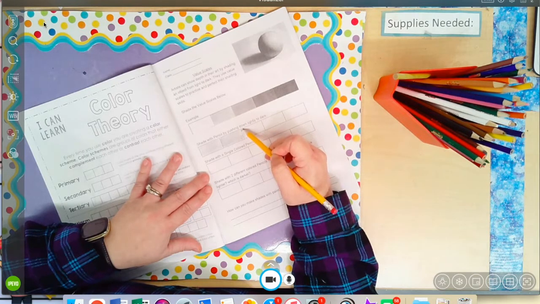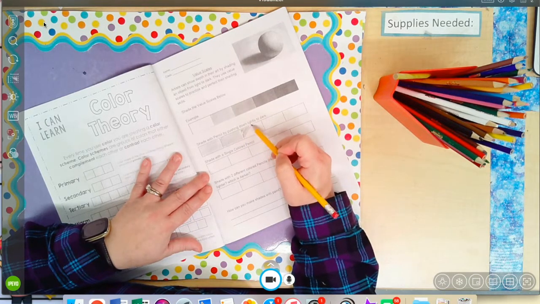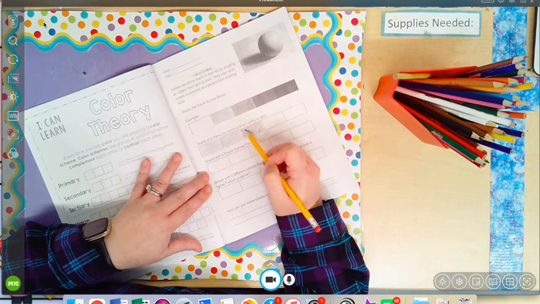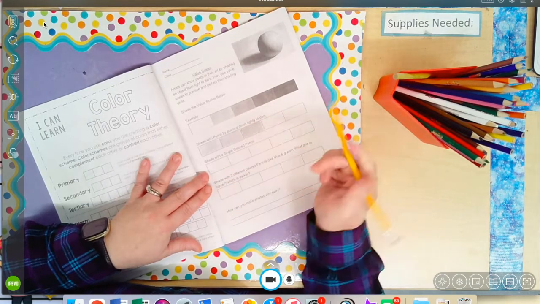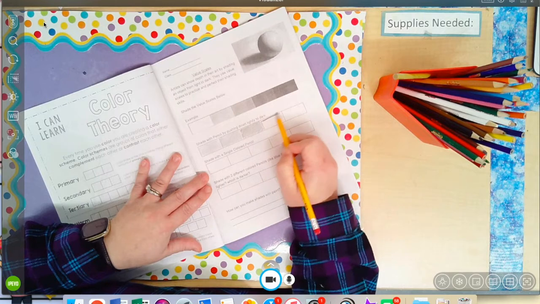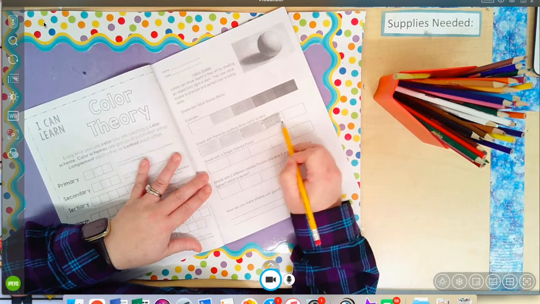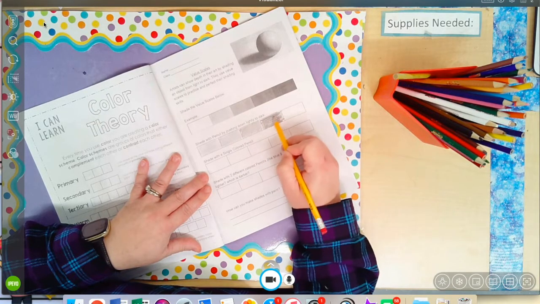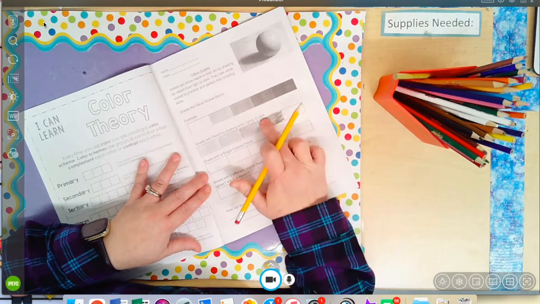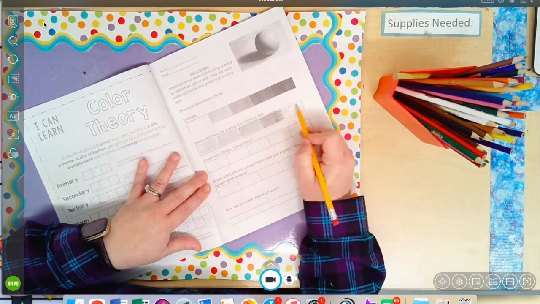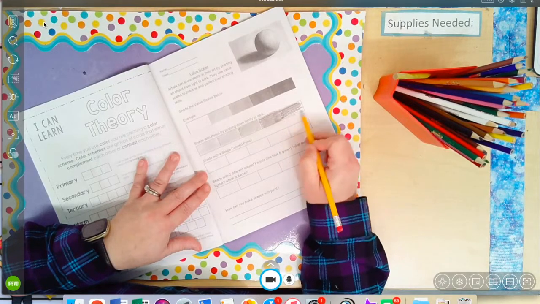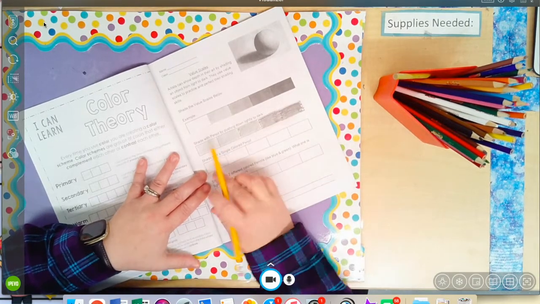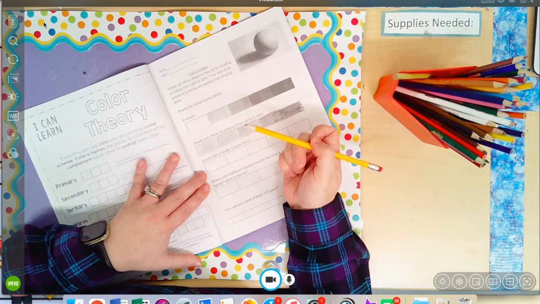And now let's go a little darker, and then darker, and now I'm going really dark. So now I can see how to go from light to dark with just one pencil.